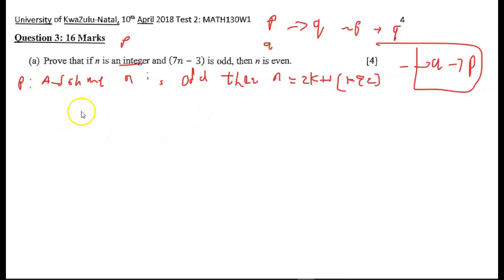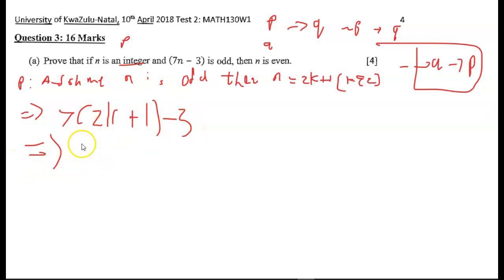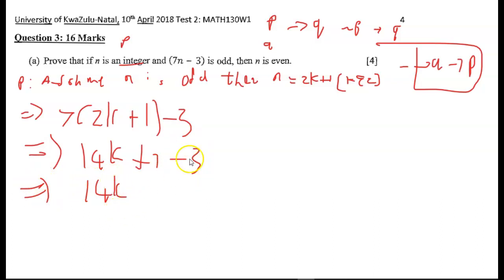Because we said let n be 2k plus 1, that's what we're going to do. Let n equal 2k plus 1. Now, if you work this out, that is 14k plus 7 minus 3, which is 14k plus 4.